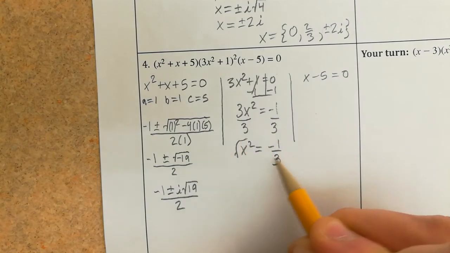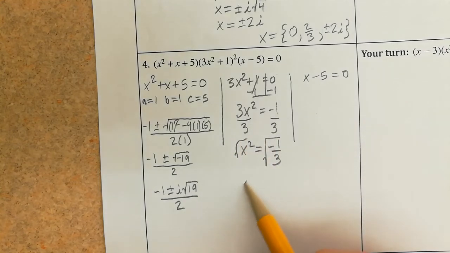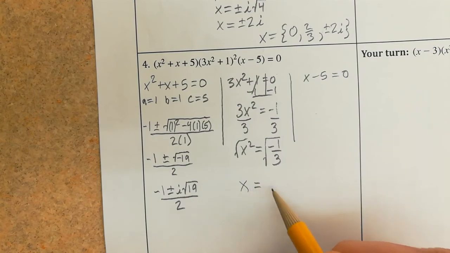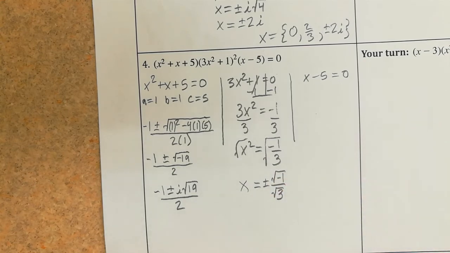Take the square root of both sides, so we're going to get x equals, this one's going to be lovely, positive or negative square root of -1 over square root of 3. So we have an i up top, but also we have an irrational denominator, meaning we have a square root or a radical root in the denominator. And so we need to get that out of the denominator.